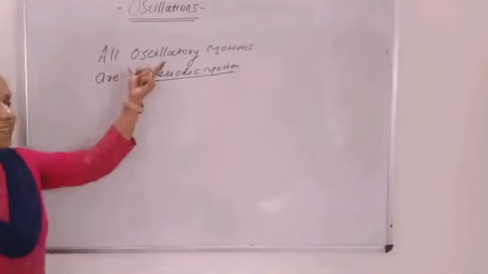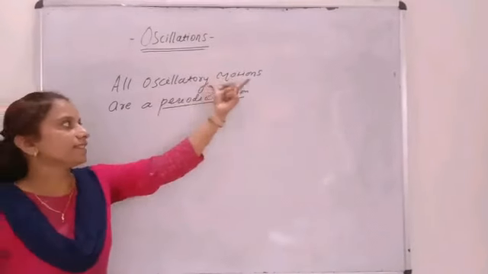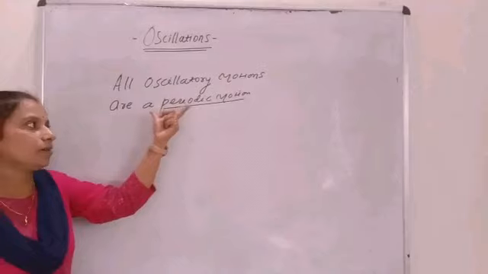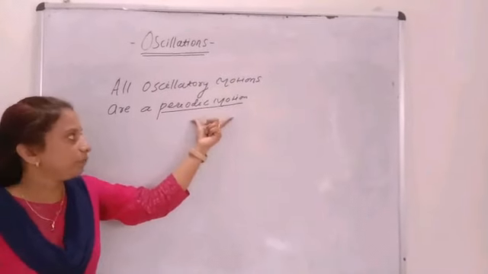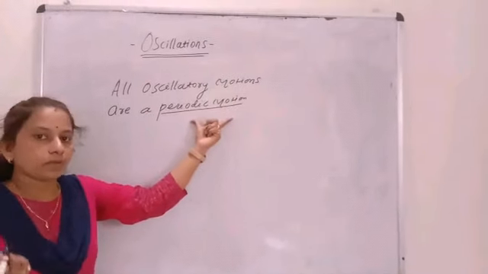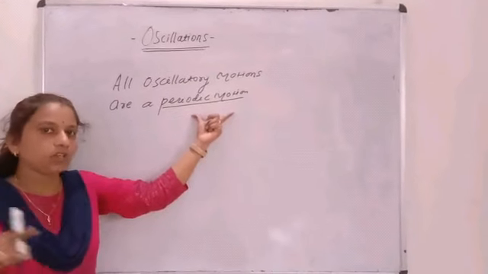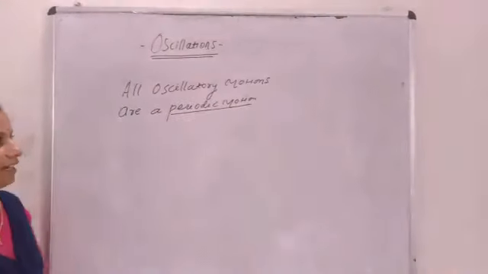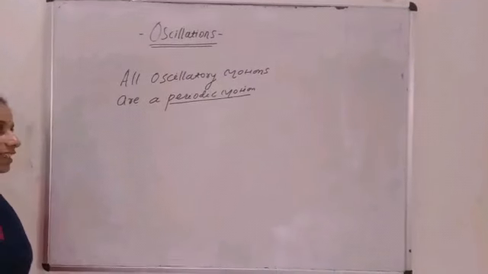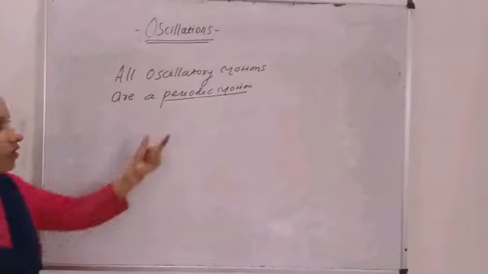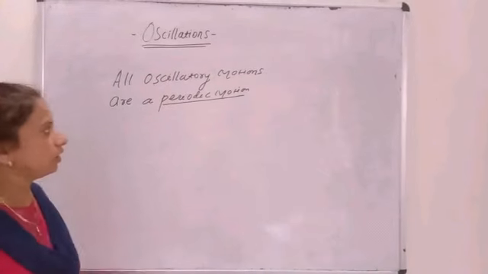Here we can say that all oscillatory motions are periodic motions. Means in periodic motion the particle repeatedly moves along the same path again and again. This is oscillatory motion, or it is also called the periodic motion.